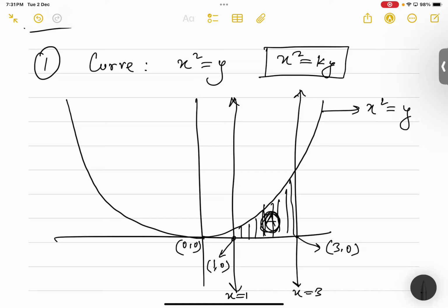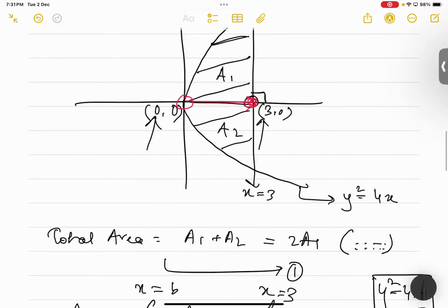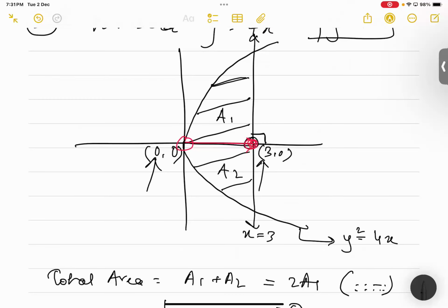Acha, previous problem, was it mentioned x-axis? Okay. If in the previous problem, see, look at the diagram. If they are mentioning x-axis, so which region will come? A1 आएगा कि A2 आएगा? Anyone? But then we'll go by the first quadrant. समझा? If in the previous problem, they have not mentioned x-axis, so दोनों region नहीं आएगा.